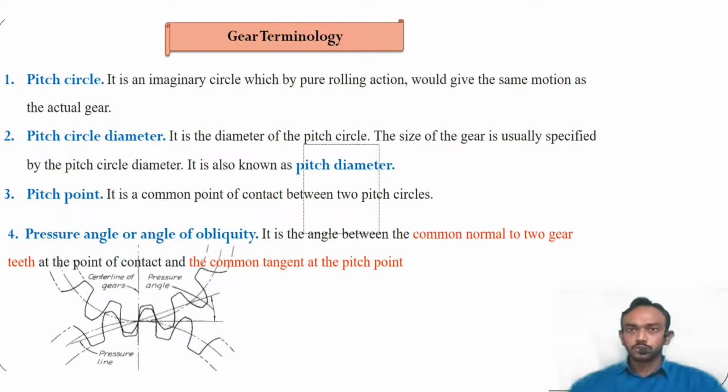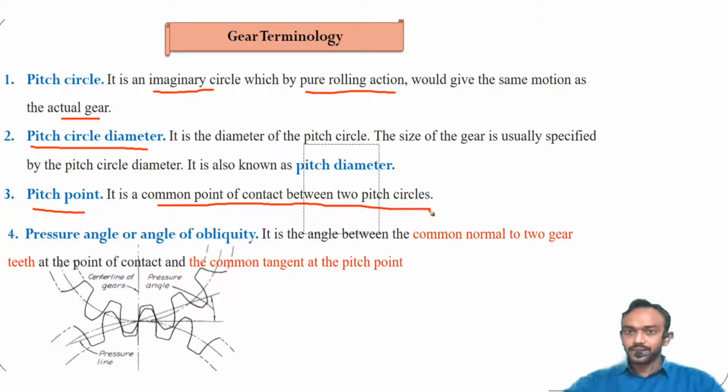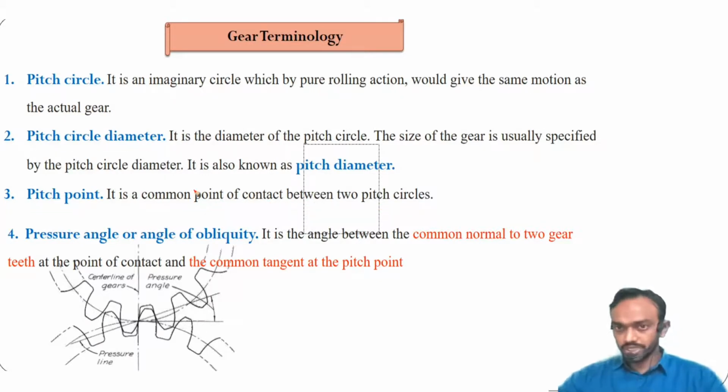So first of all, the pitch circle is an imaginary circle which, for pure rolling, is considered as the actual gear. The pitch circle diameter means the diameter of that particular circle. The pitch point is the common point of contact between two pitch circles.